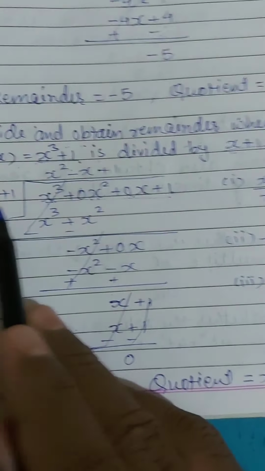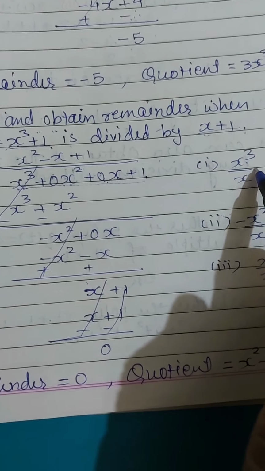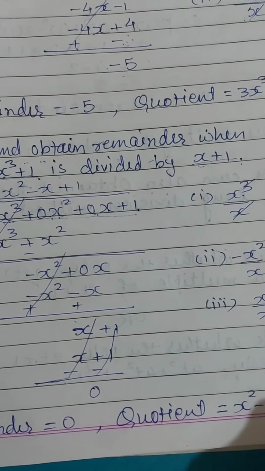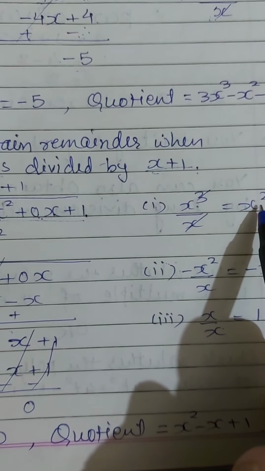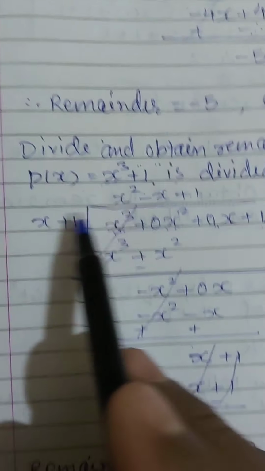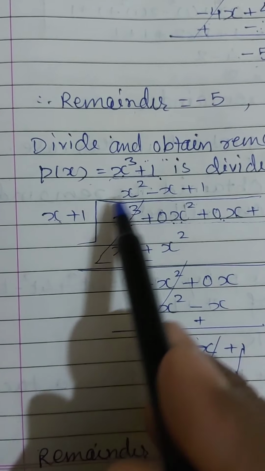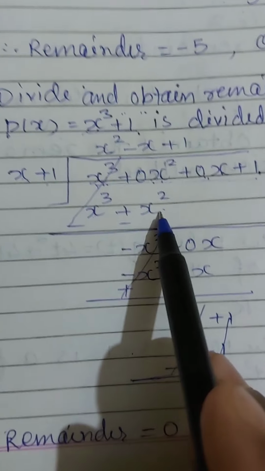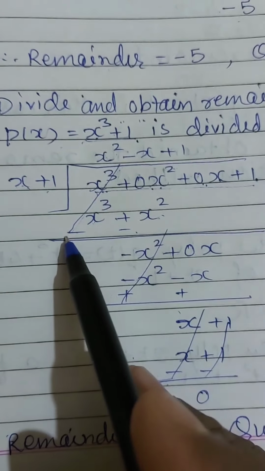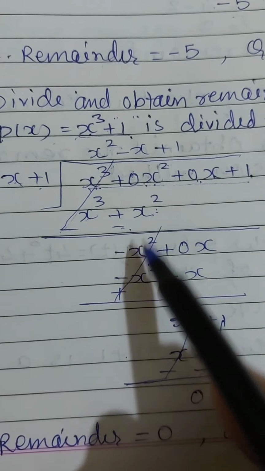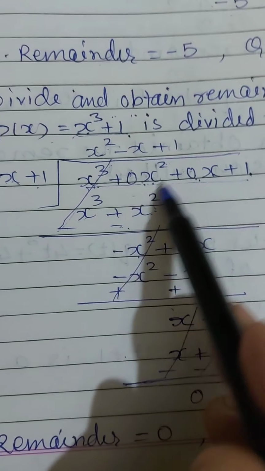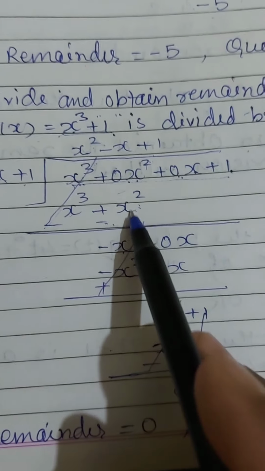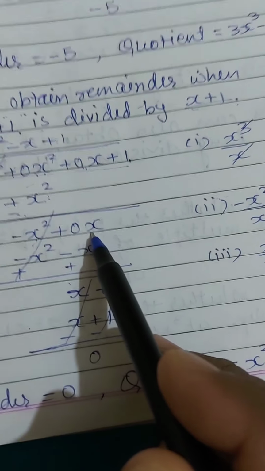First term divided by the first term: x and x to the power 1 cancel out, x square will be there. Put this x square here and multiply. So x cube plus x square we are writing over here. Change the signs. First term cancels. Minus x square is here because 0x square does not mean anything. So minus x square plus 0x, take over here.